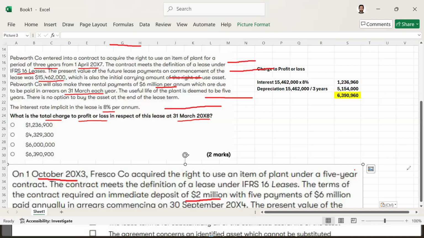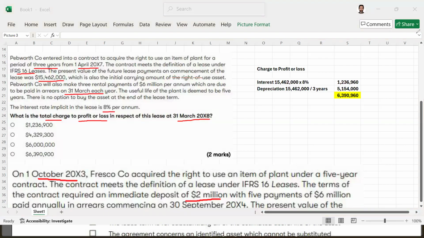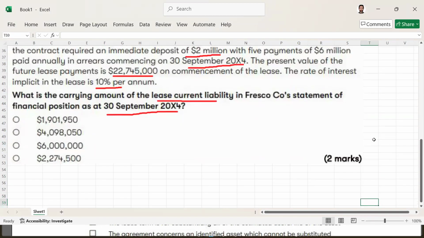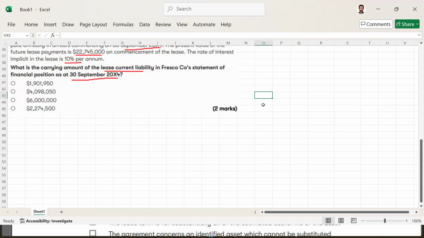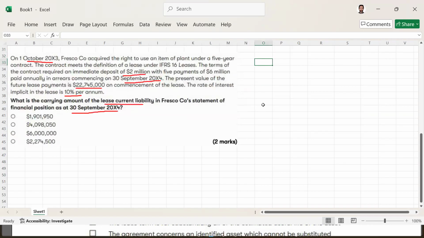So let me just clear the drawings for you first. Okay. So here we go. This is the present value of future lease payments. This is at the start, which is 22,745,000, and we have the interest rate at 10%.